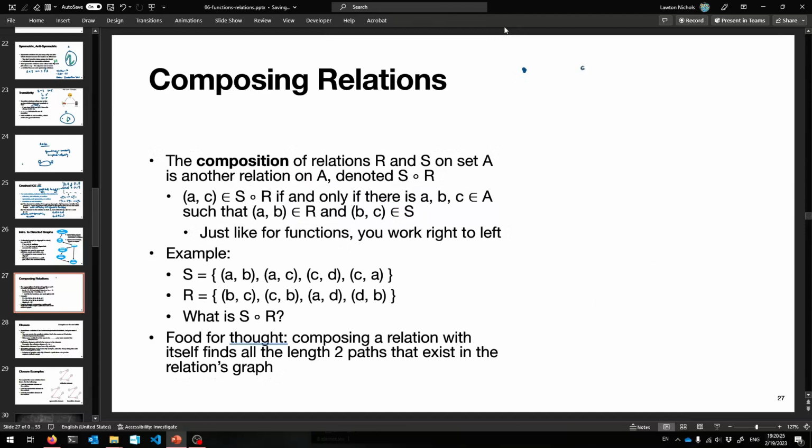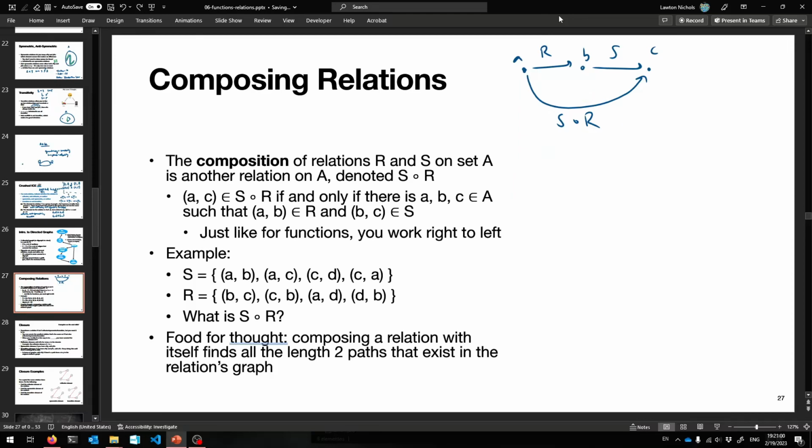It's saying here's A, B, and C, and if you can find some arrow in R that takes you from A to B, and you can find some arrow in S that takes you from B to C, then you can compose the relations and know that first doing R and then doing S, so S composed with R in that order, this is in this relation. Okay, so it's a very transitive idea, and it will make a lot more sense, I think, with an example.